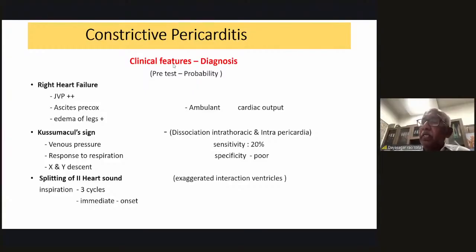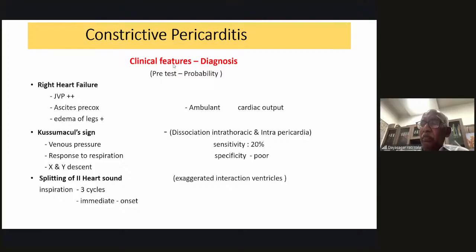Exaggerated ventricular interaction can be picked up by physical examination, wherein you hear the split immediately after the onset of inspiration, as compared to the usual where it takes 3 to 4 cycles after the onset of inspiration. This sign is very subtle.